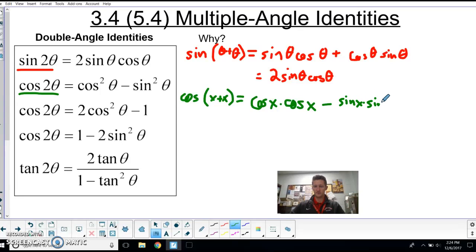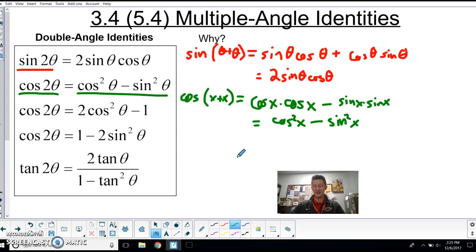Now, cosine times cosine is cosine squared. So I got cosine squared x, or theta, minus sine squared x, or theta. Okay? And there you have it. So that would be the first one: cosine squared theta minus sine squared theta.